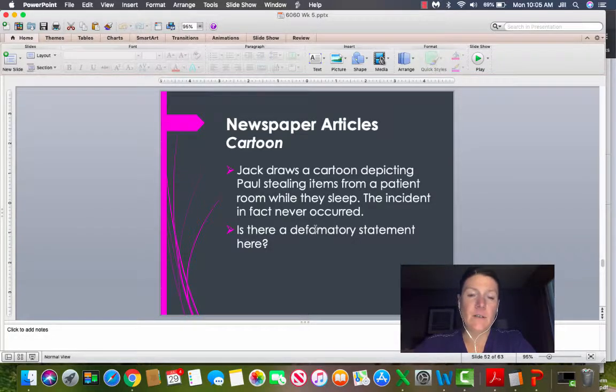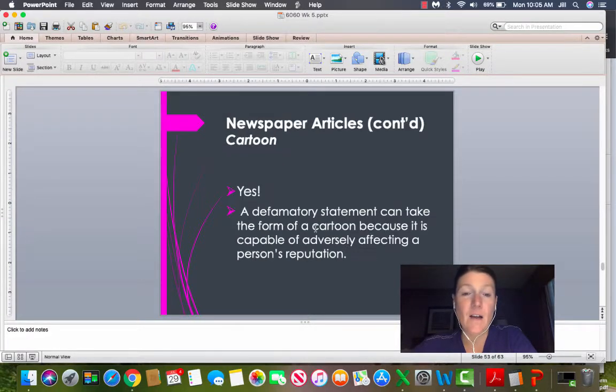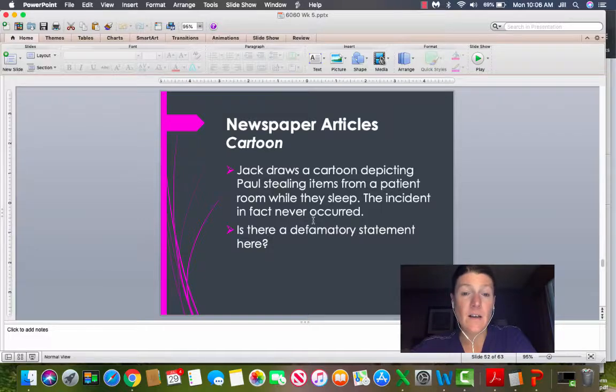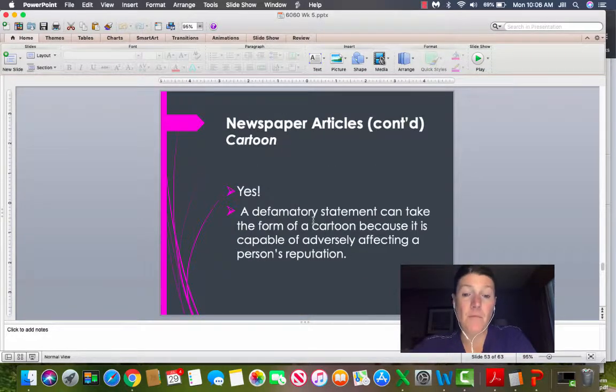So this is just a silly little example. Jack draws a cartoon depicting Paul stealing items from a patient room while they sleep. The incident never occurred, and this was placed in a cartoon in a newspaper. Is there a defamatory statement there? Well, yes, because in this case, Paul was shown stealing items from a patient room, but Paul didn't steal any items. There was no reason to think that he would.